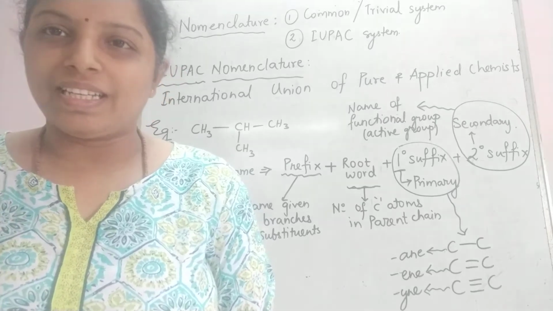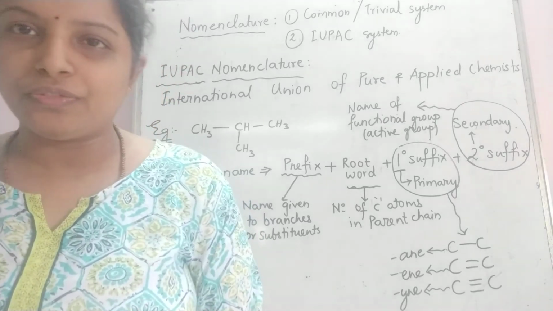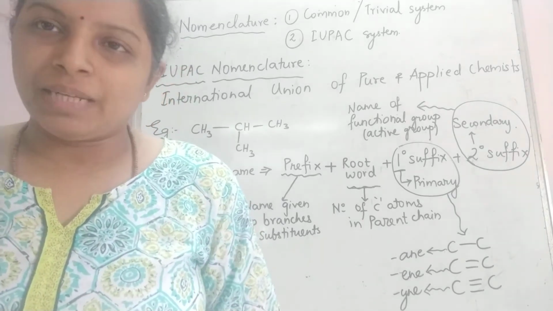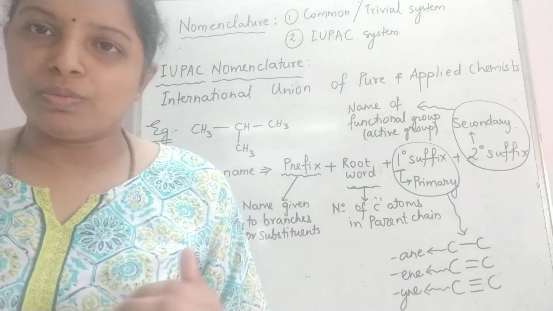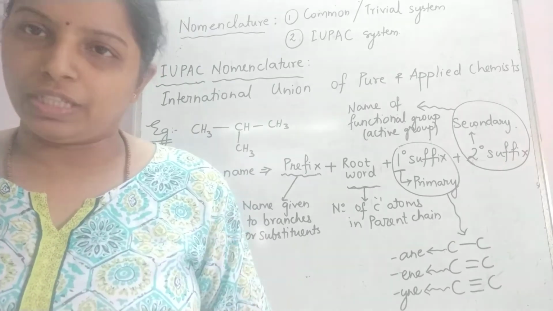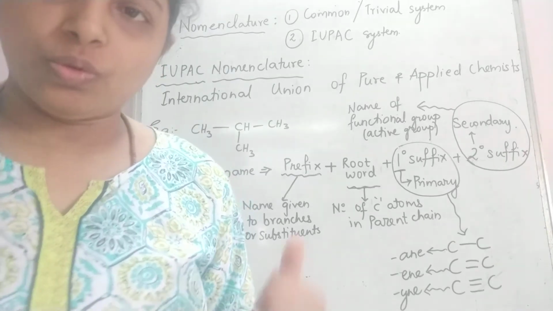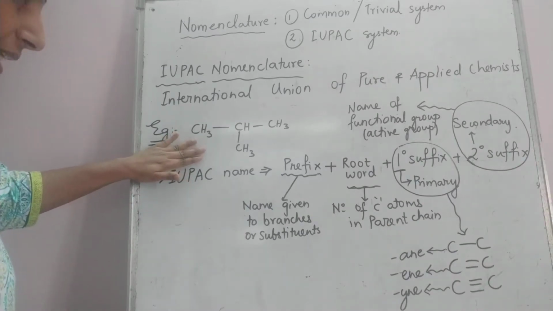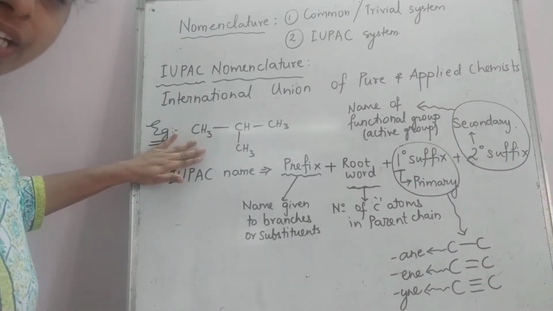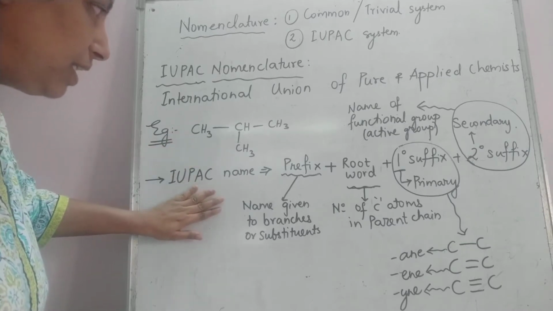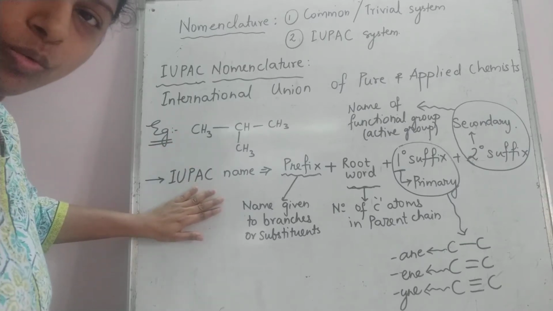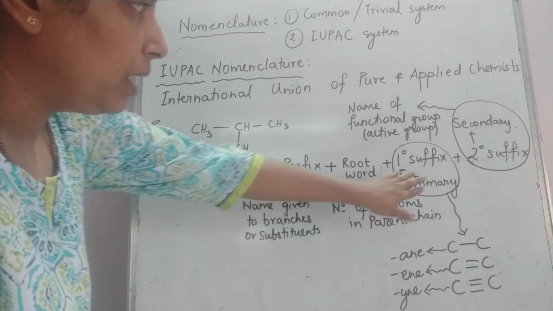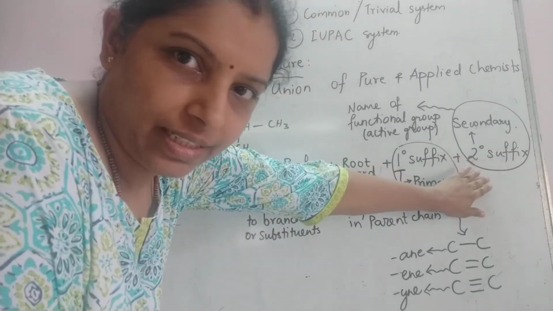Hello students, having introduced the topic of IUPAC nomenclature in the previous class, we will take up a few examples to better understand the topic of IUPAC. If you remember, in our previous class we had taken up this example, and more importantly we had studied that the IUPAC name of a compound is the sum of prefix, root word, primary suffix and secondary suffix.